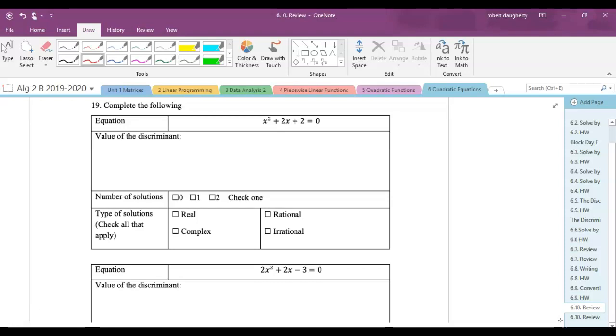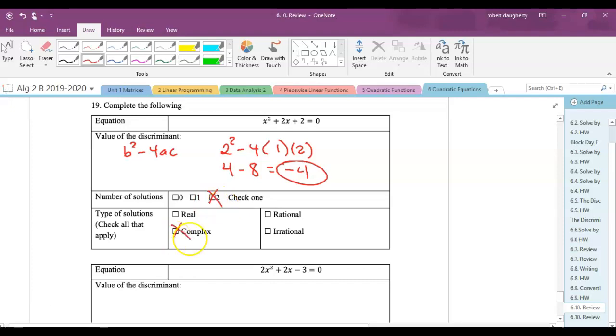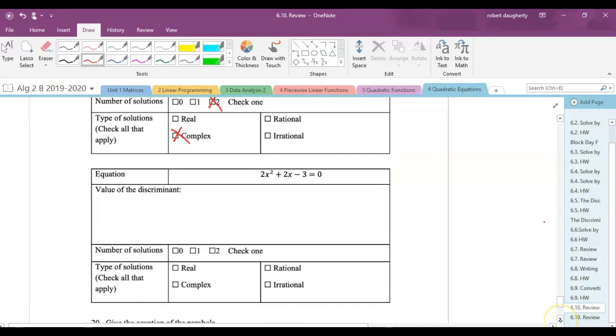Complete the following. What's the value of the discriminant? So b squared minus 4ac. That's going to be 2 squared minus 4 times 1 times 2. So that's going to be 4 minus 8, which is -4. The discriminant is negative. I get 2 complex solutions. Looking at the next one, the value of the discriminant here is b squared minus 4ac.